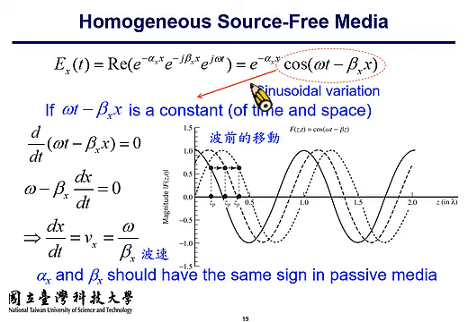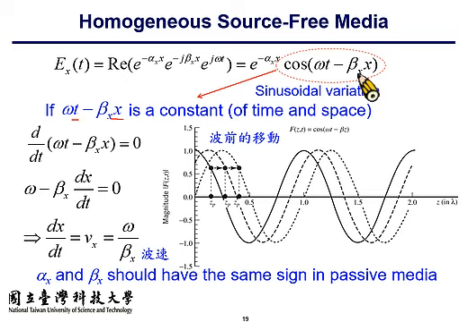So for the second part, the sinusoidal variation, as time changes, you see the dependence on time and space. This is omega t minus beta x. So you can look into the variation in t and x.